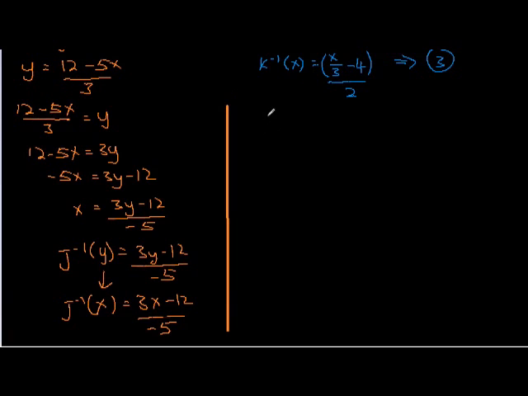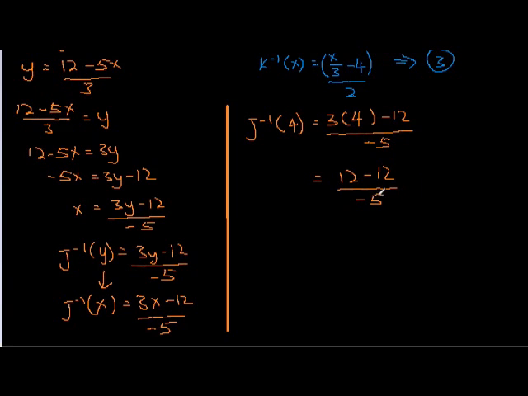And now let's proceed to evaluate the inverse of j at 4. So how do we evaluate this? Of course, we fit 4 into the inverse function and evaluate as follows. 3 times 4, 12 minus 12 over negative 5.